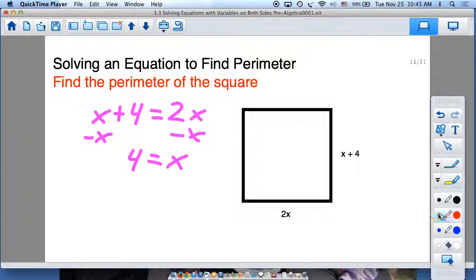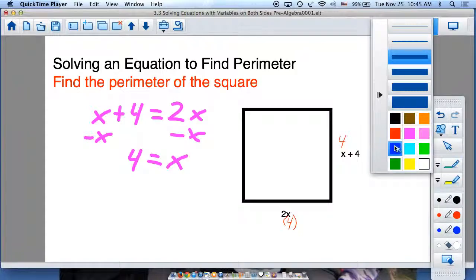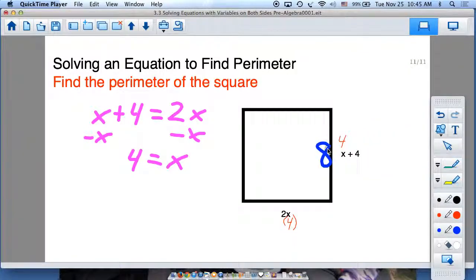So at this point, we're going to go back to this original problem and substitute a 4 in for those x's. So we can see 4 plus 4 equals 8. So this side of our square is 8. Now let's check to make sure the other side of our square equals 8. We know 2 times 4 is 8.